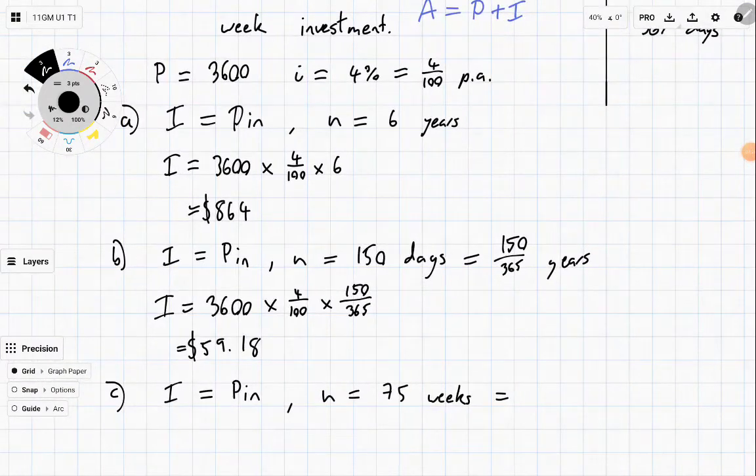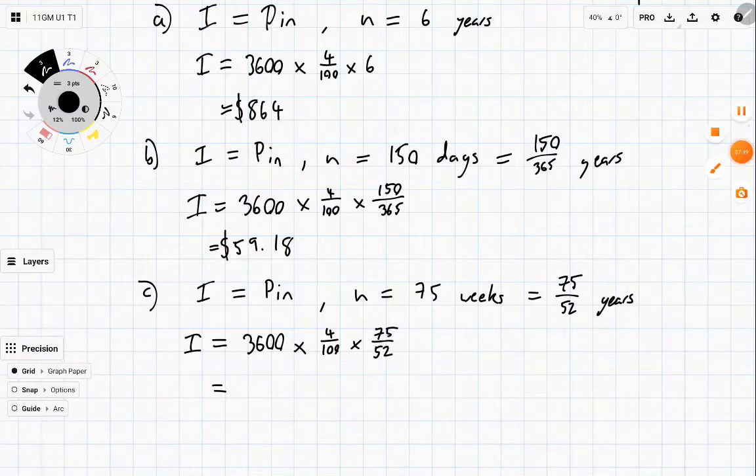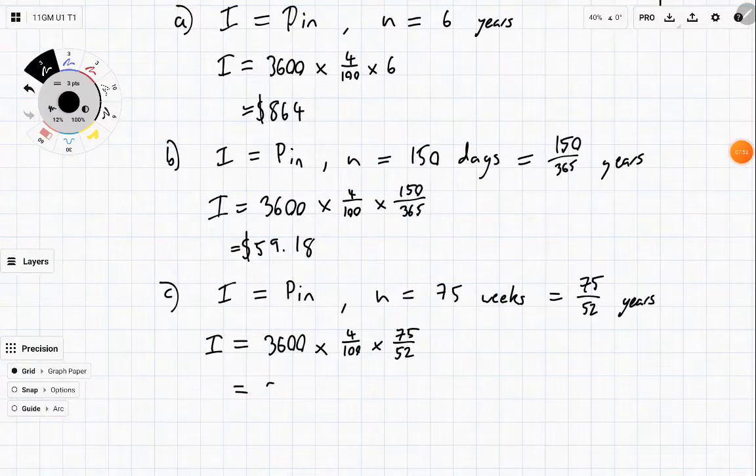So 75 over 52 years. And now we can substitute into the formula. So I is equal to 3,600 times 4 over 100 times 75 over 52, and that's equal to 207.692, which we're going to round down to $207.69.